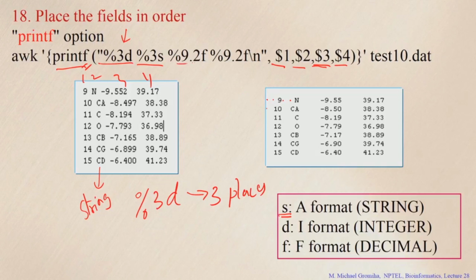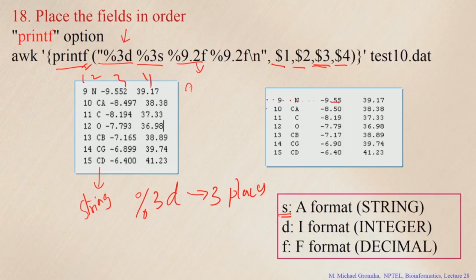What is the meaning of 9? What is the point 2? The point mentions how many total fields and how many fields after the decimal. So, 2 places after the decimal and totally 9. So, 1, 2, 3, 4, 5, 6, 7, 8, 9.